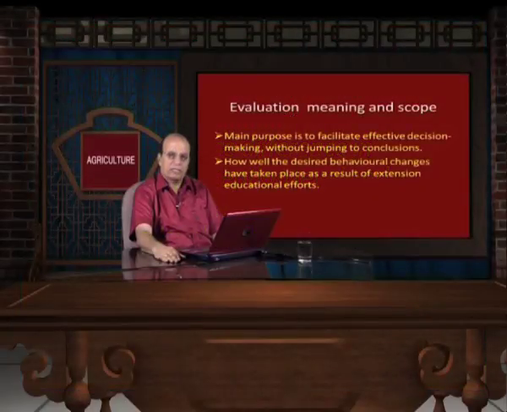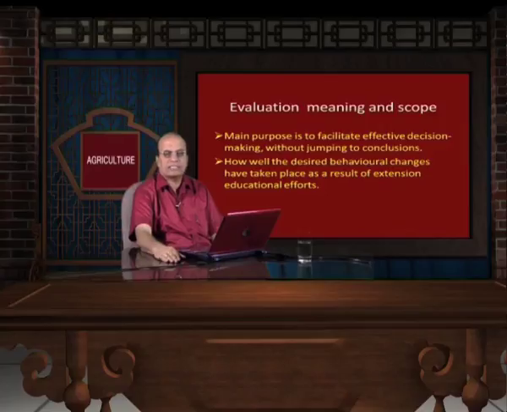So to find out the behavioral changes of the individual, four things are necessary: knowledge, skill, attitude and understanding. Therefore, we find out whether behavioral changes have taken place as a result of extension educational efforts.